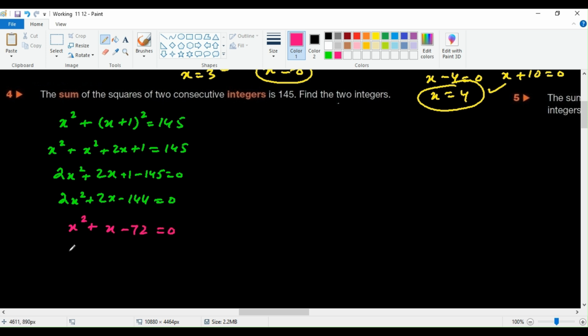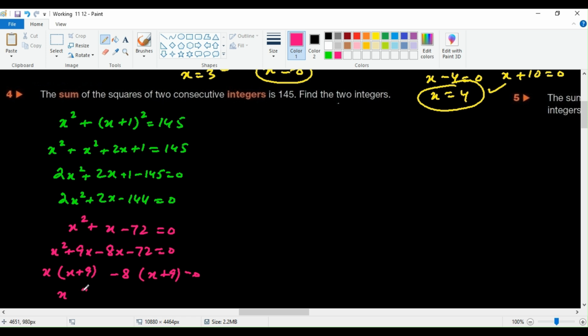That means 8 times 9 is 72, and x square plus 9x minus 8x minus 72 equals 0. That means x plus 9 is going to be in the first bracket, copying like this, equals 0, and the third one is minus 8.